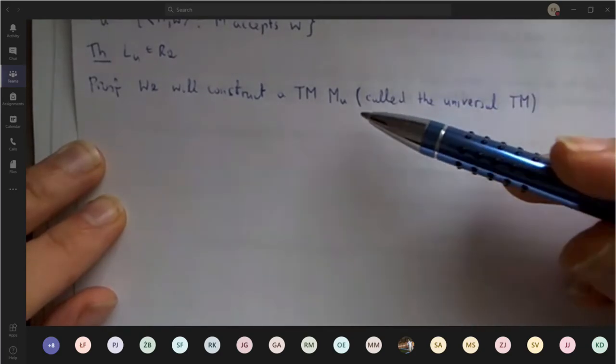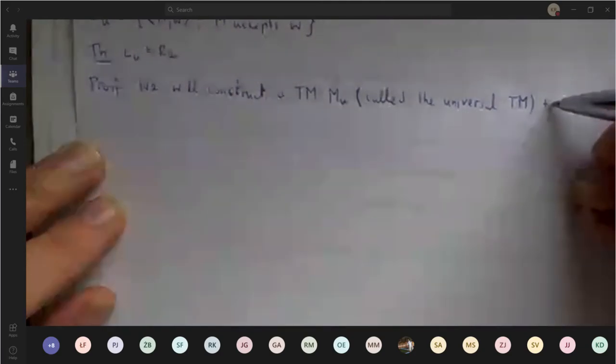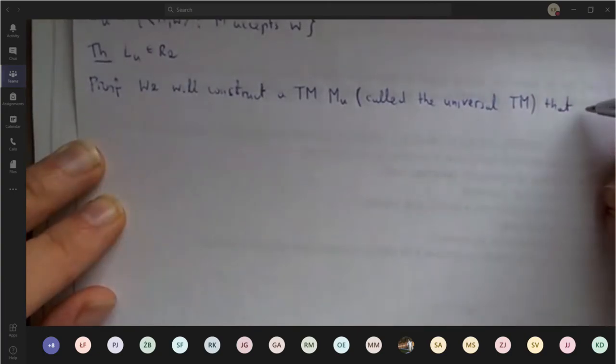And this machine MU will recognize the universal language.